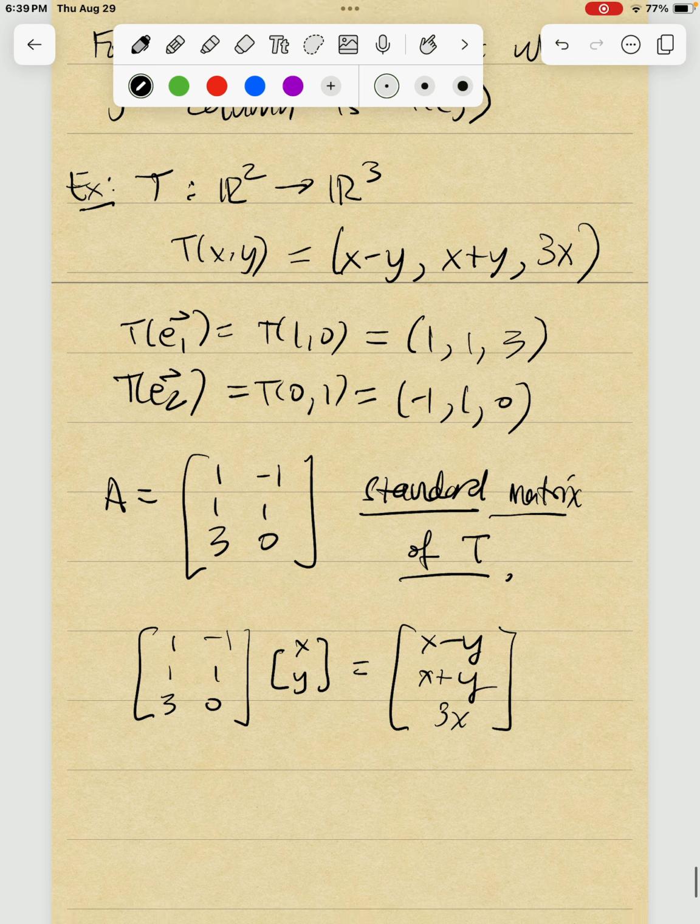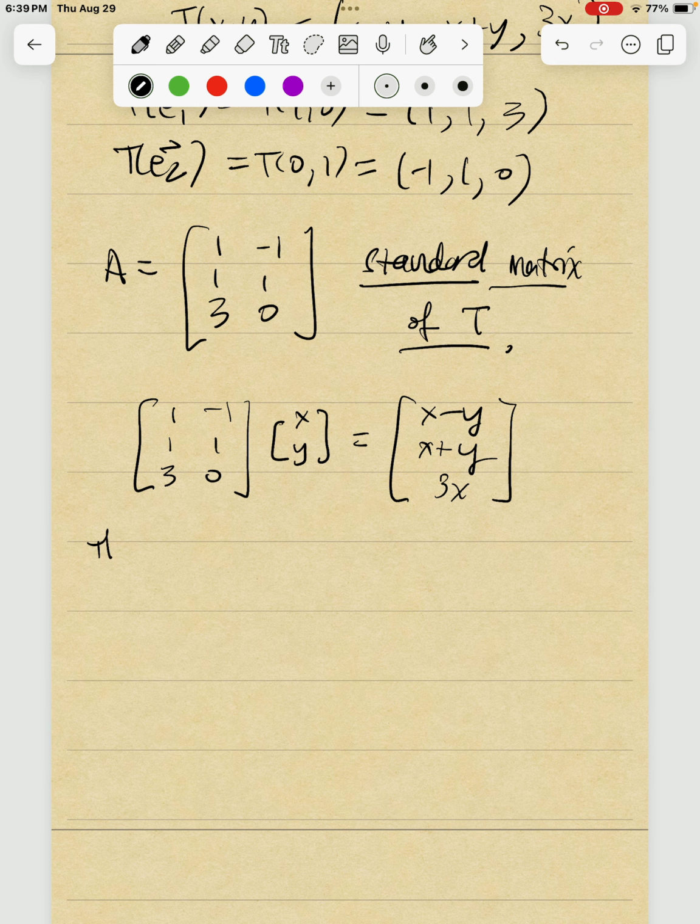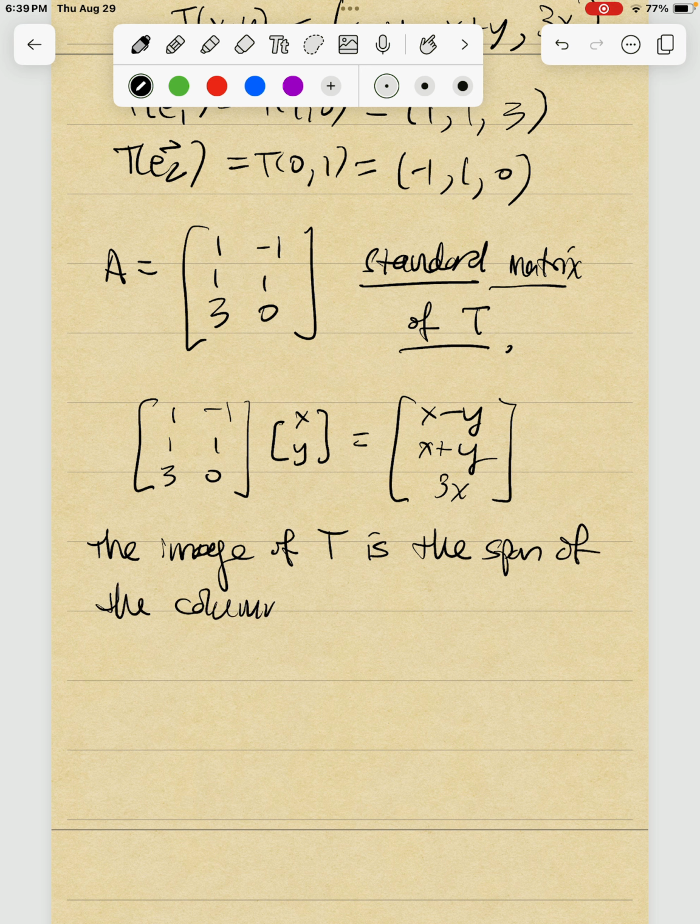And the answer is that the image of T is the span of the columns of A. And the span of the columns of A is called the column space of A.